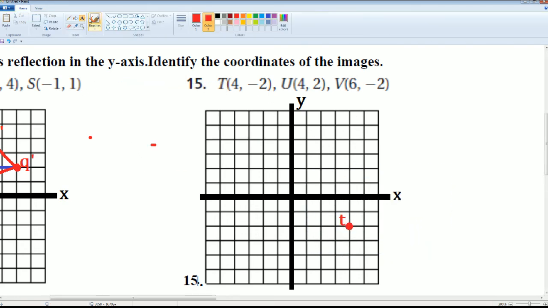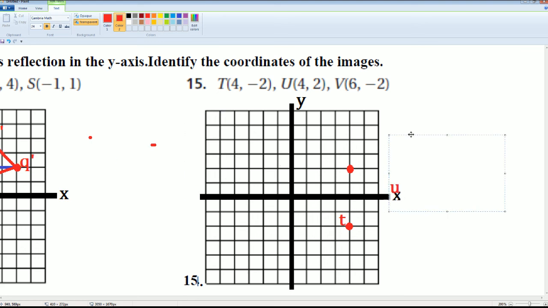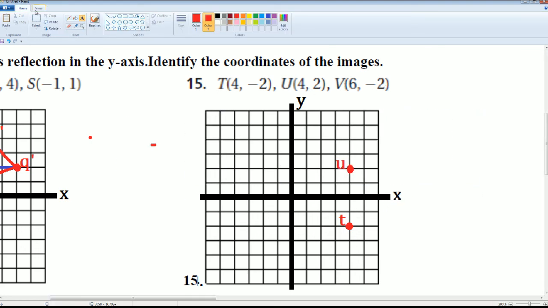Next is 4 comma 2. So 1, 2, 3, 4, but it's positive 2, so it's up 1, 2. Call that U. Okay, and V, 6, negative 2. 1, 2, 3, 4, 5, 6.